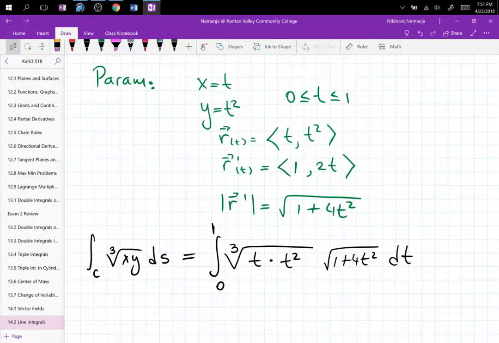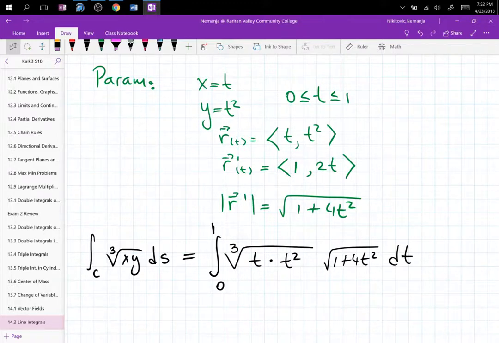And I just hope that you will be able to quickly integrate this without thinking too much. Which method of integration takes care of this problem? U sub, very good. The stuff under the cube root is t cubed. Cube and cube root cancel. And when they cancel, you just get a t in front of the square root.